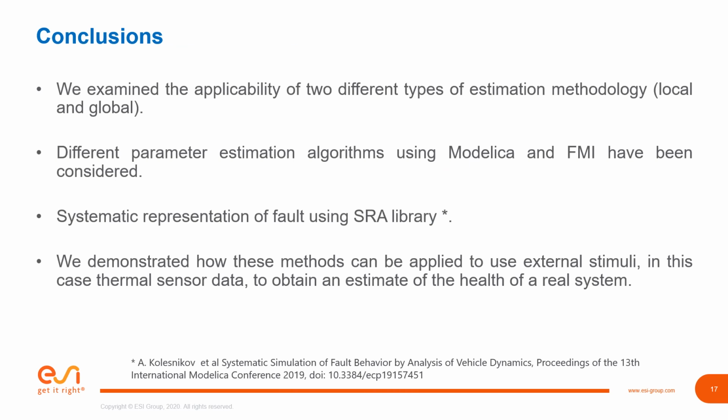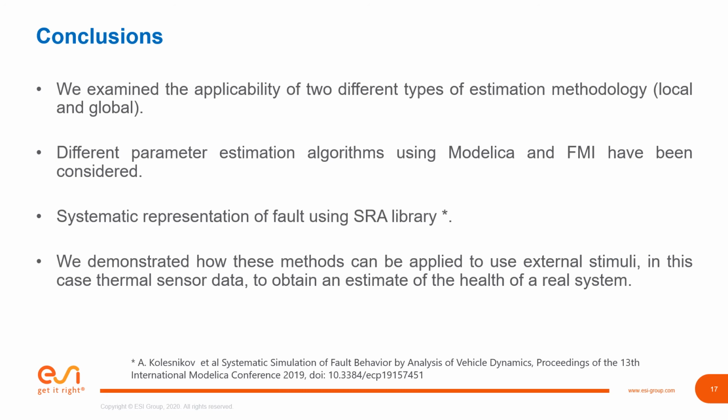The final conclusion: we introduced and examined two different types of estimation methodology, local and global estimator. Also, we used different methods to implement those two kinds of estimators. We used the direct method, particle filter, and least square method.